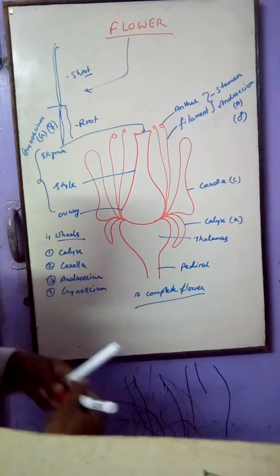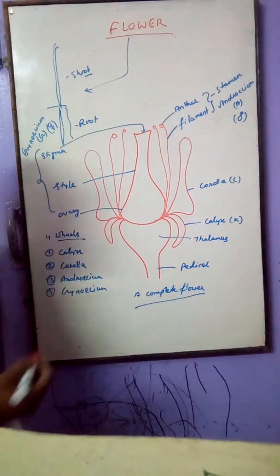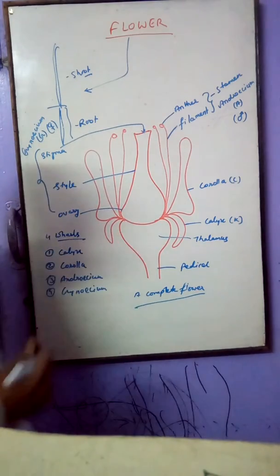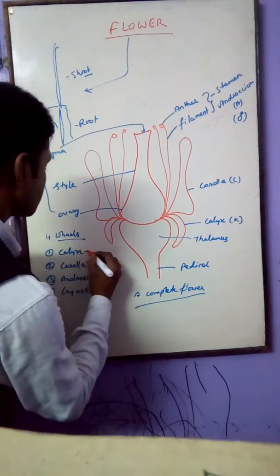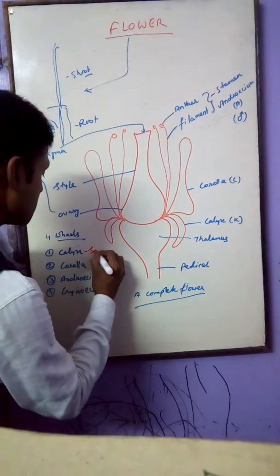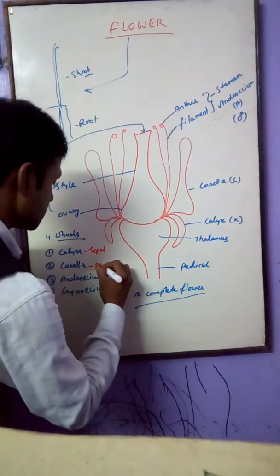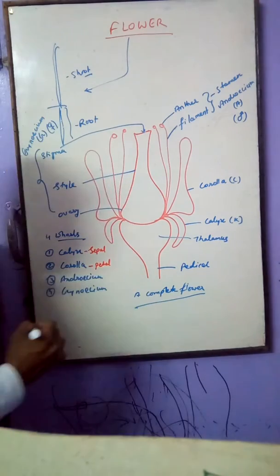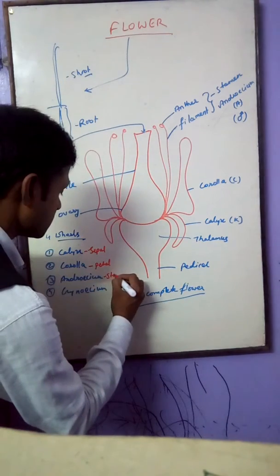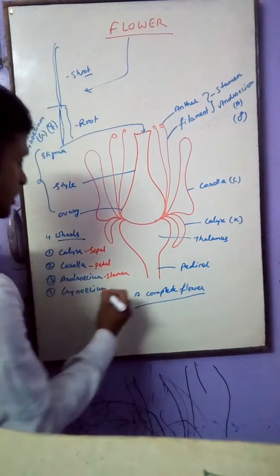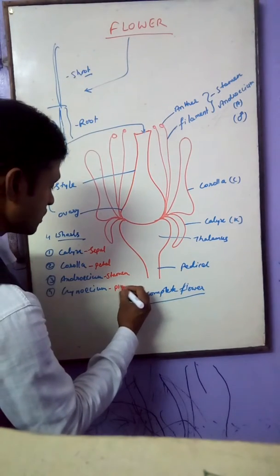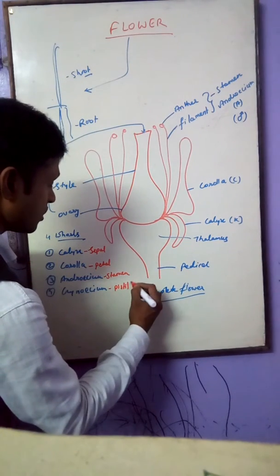And there is a separate unit for each whorl. For the calyx, that is the sepal. For the corolla, that is the petal. For the androecium, that is the stamen. And for the gynoecium, that is the pistil, either pistil or carpel.